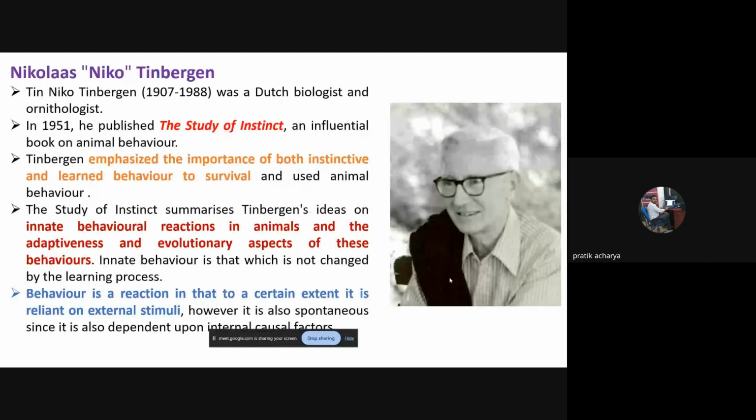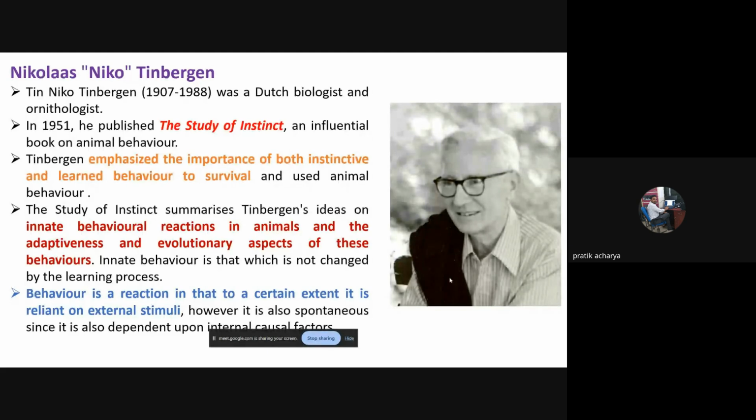He published his book, The Study of Instinct, which is based on animal behavior. What he emphasized in his work was the importance of both instinctive and learned behavior to survival.